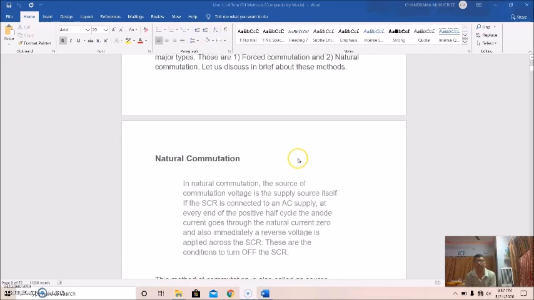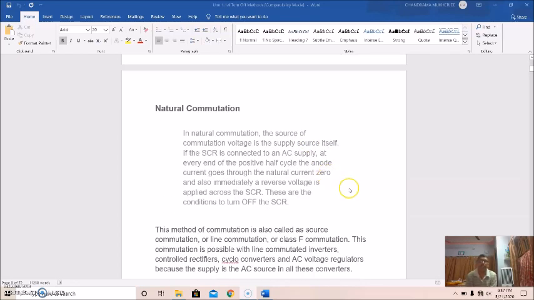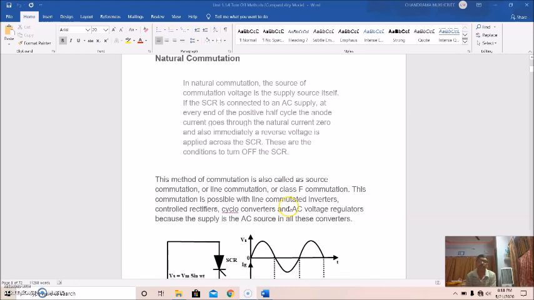So let us start with natural commutation. In natural commutation, the source of the commutation voltage is the supply source itself. If the SCR is connected to an AC supply, at the end of every positive half cycle the anode current naturally goes to zero, and immediately a reverse voltage is applied across the SCR. These are the conditions to turn off the SCR.